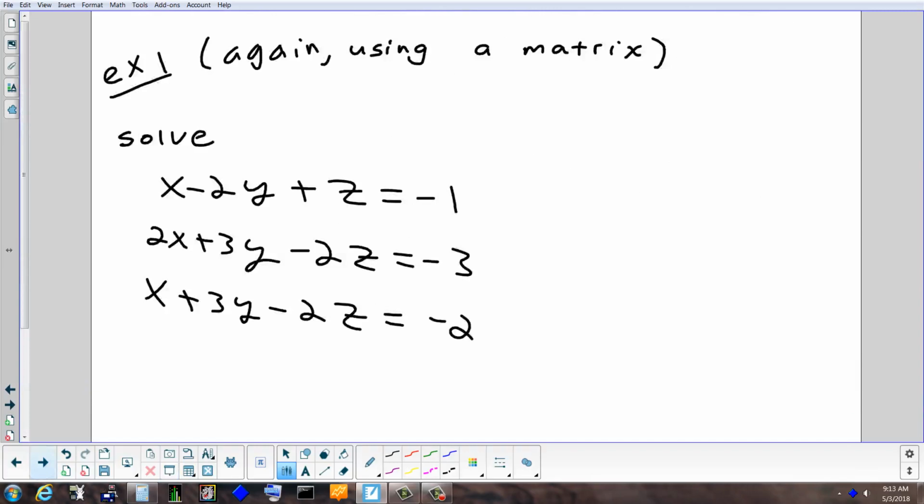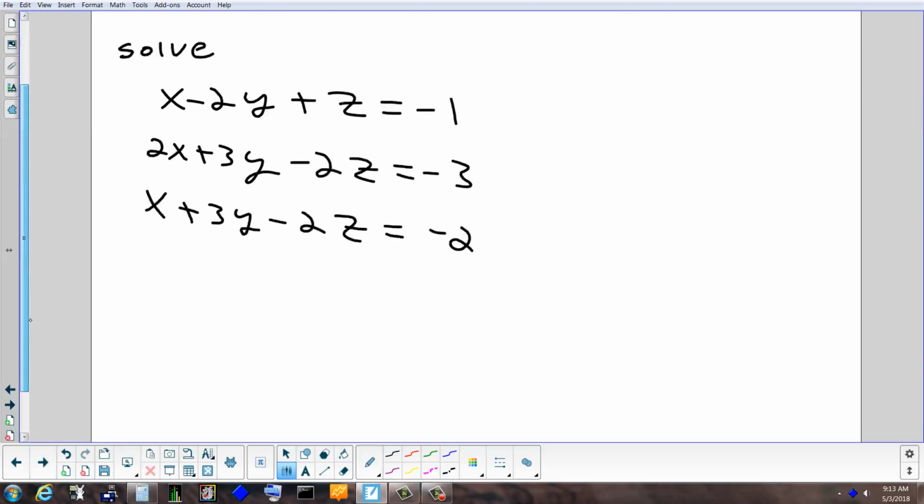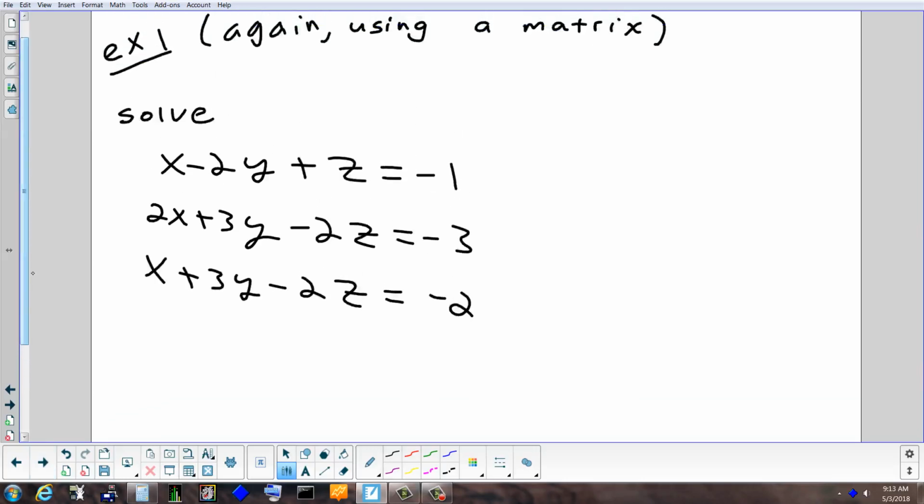Now, one thing is, depending on how you write, matrices can take up a lot of space on the page, especially if you only do one calculation per step. That's the easiest way to do it, so you don't lose track of what you're doing. But if you only do one calculation per step, you're going to end up copying a lot of stuff over that's not changing in each step.